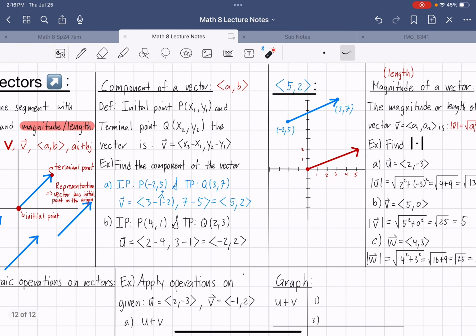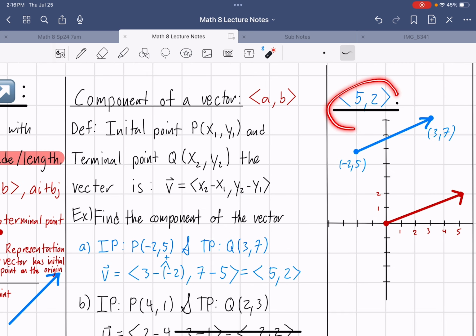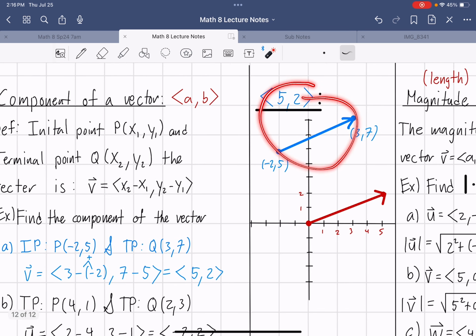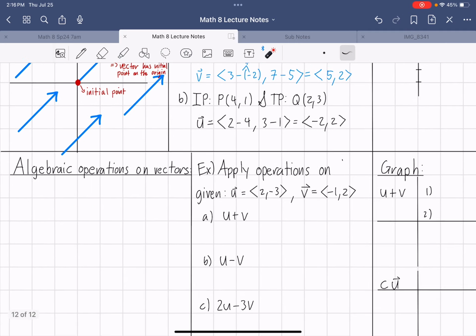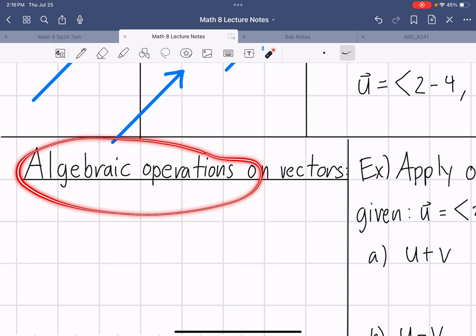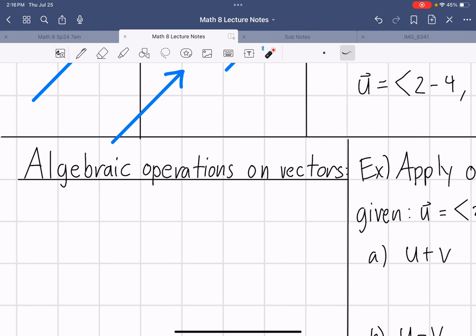Now, what else can we do with these vectors? Now that we can see its components, understanding its direction, understanding its magnitude, well, we have to first establish its algebraic operations. Like when you first learned about numbers and polynomials, you had to learn how to add, subtract, multiply, divide.